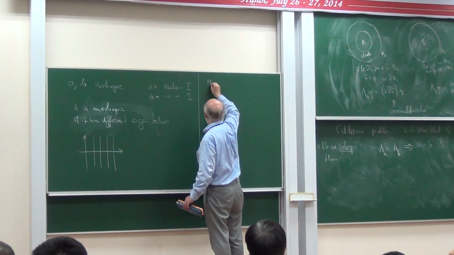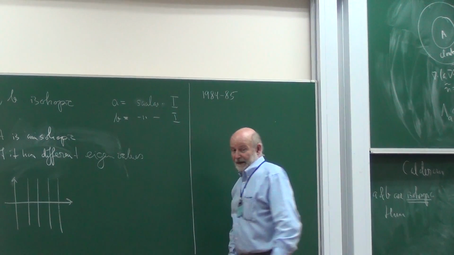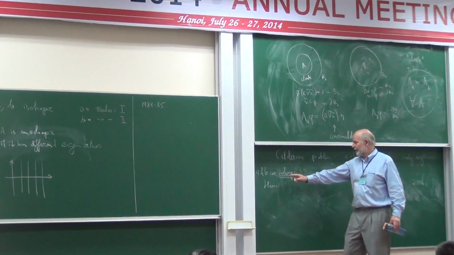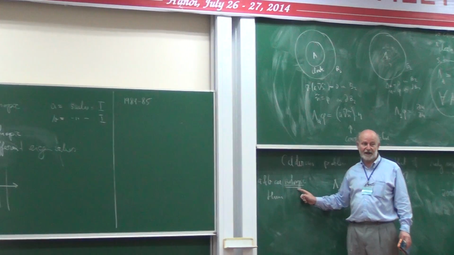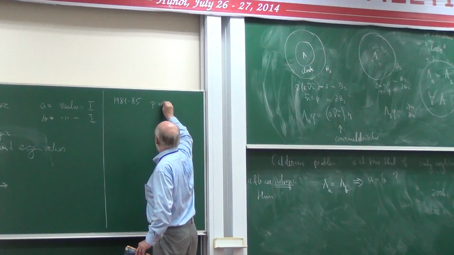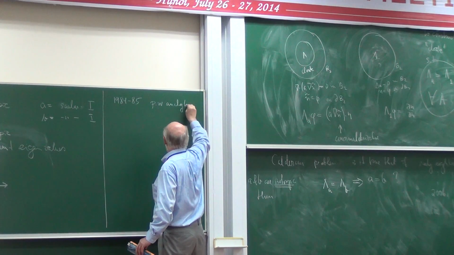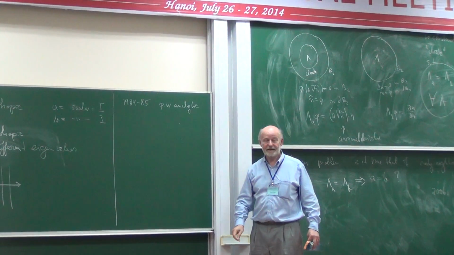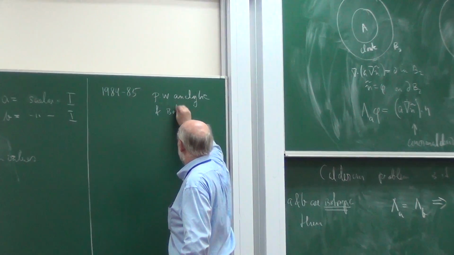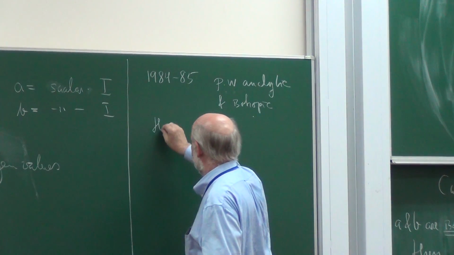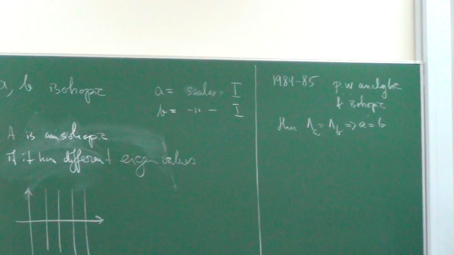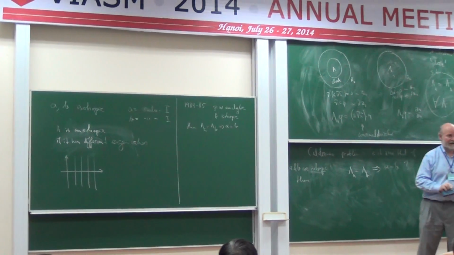There were results in 84, 85, by Kohn and myself, which proved that if you have isotropic and piecewise real analytic coefficients, in the sense of being given by a germ, so if A and B are piecewise analytic and isotropic, then lambda A equal to lambda B implies A is equal to B. That's a result from 84-85 that appeared in Communications on Pure and Applied Mathematics.